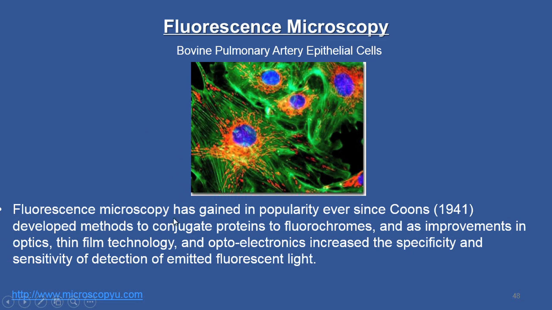The fluorescence microscopy has gained in popularity ever since Kuhn's 1941 developed methods to conjugate proteins to fluorochromes, and as improvements in the optics, thin film technology and optoelectronics increase the specificity and sensitivity of detection of emitted fluorescent light.